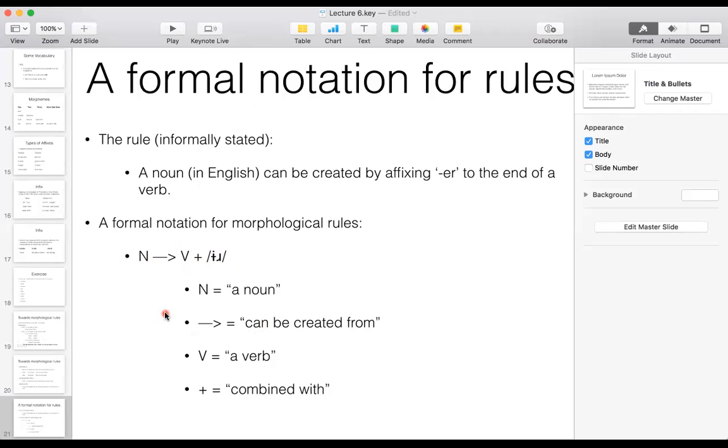The arrow means can be created from. So a noun can be created from a verb combined with ER, right? You take a verb, to play, to dance, to bake, attach ER to it, player, baker, dancer, you get a noun, right?